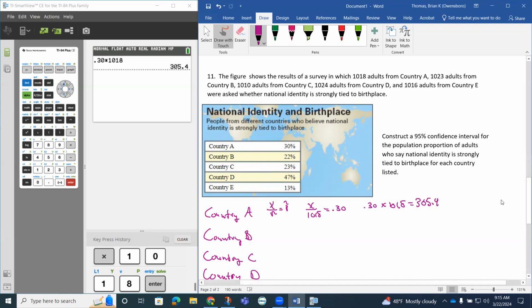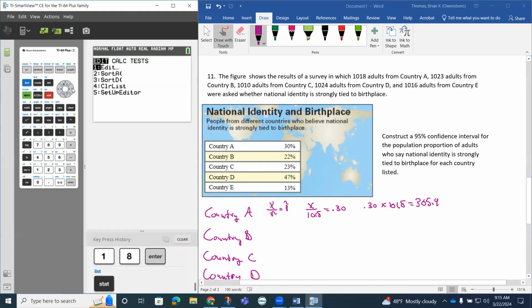So if we play this out now, we can create our confidence interval using our calculator. So if I go to stat, go to test, we go to alpha A. I'm kind of curious about this 305.4. Usually, we're talking about a whole number. So I'm curious to see if we'll get an error here if we just put the decimal in.